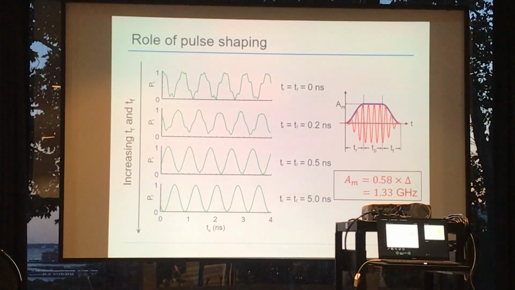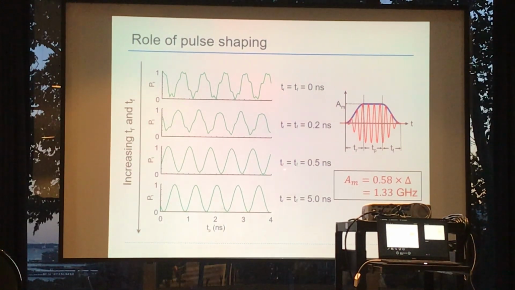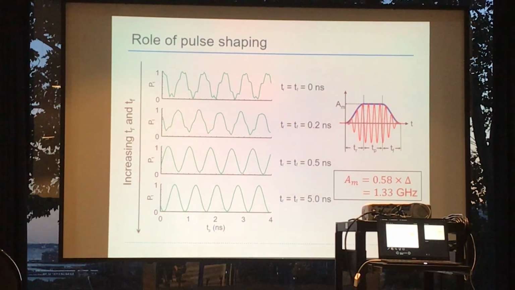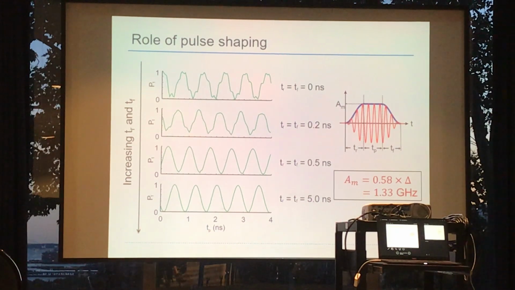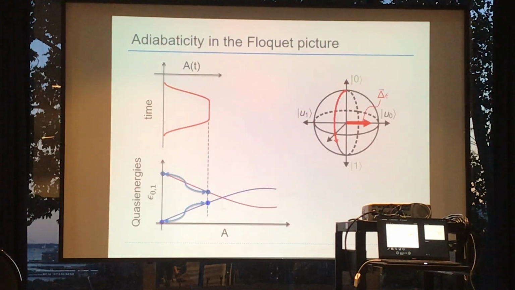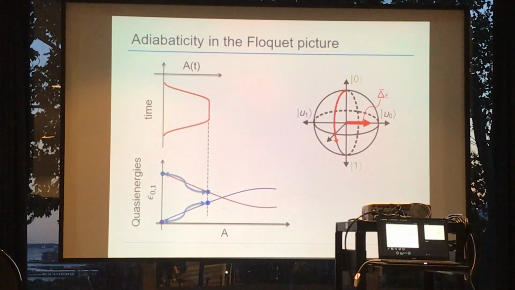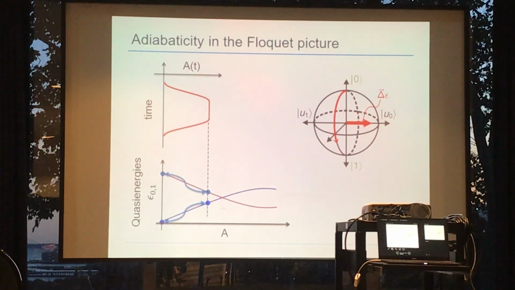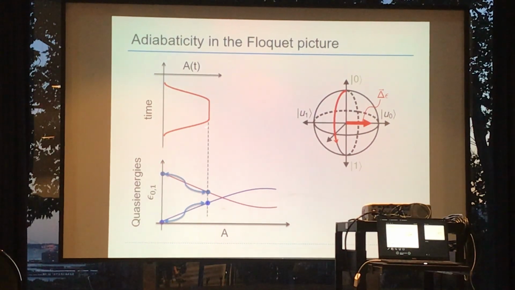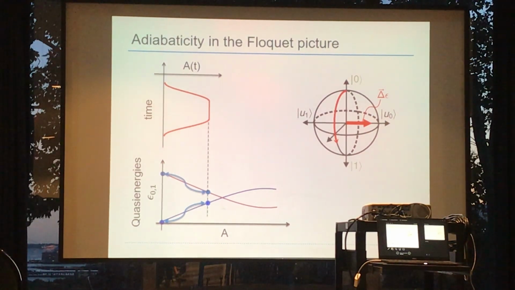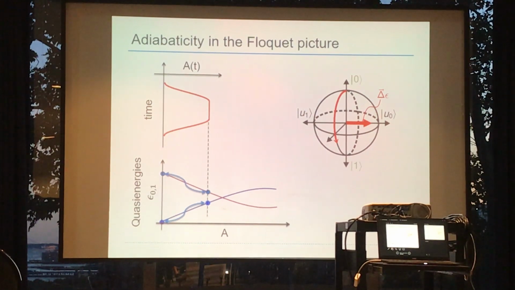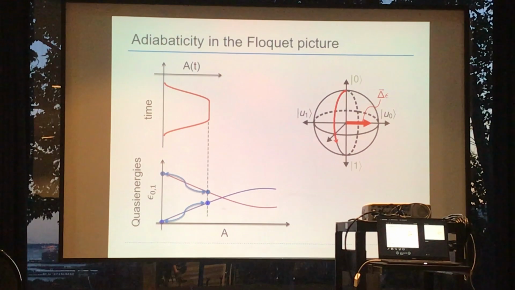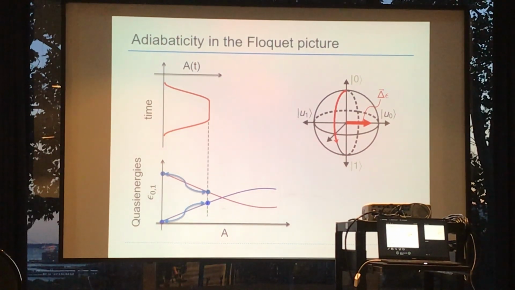But as you make this rise and fall time shorter and shorter, these oscillations start to have some irregularities, and eventually they become really scrambled. And we found that this has a nice interpretation in terms of adiabaticity in the Floquet picture. When you think about turning on and off this driving amplitude, what you are doing effectively is changing the instantaneous eigenstates, these quasi-energy states of the driven system.